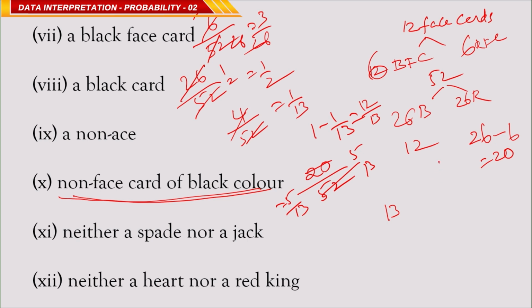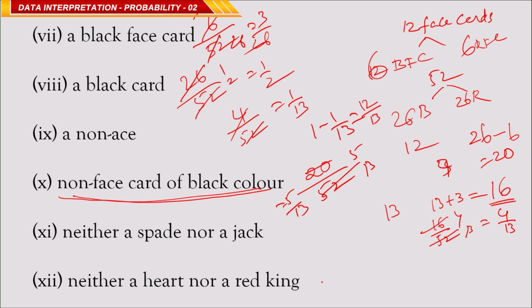Actually jacks are 4, but one is already counted in spades, so 3. 13 plus 3 is 16. So, getting a spade or a jack card is 16 by 52, 4 4s are 16, 4 13s are 52, means the probability is 4 by 13.